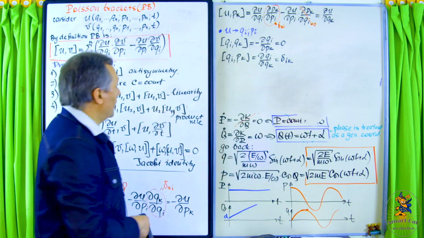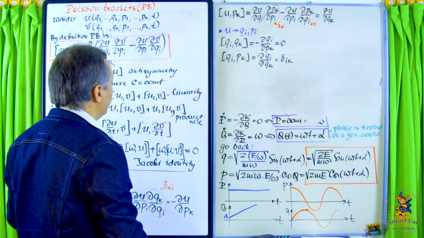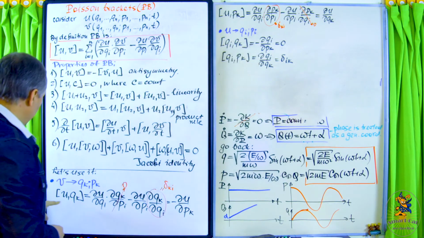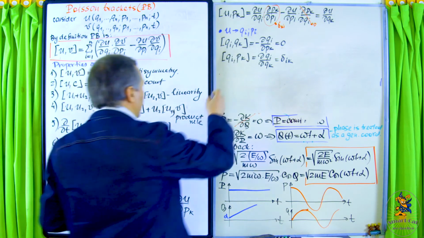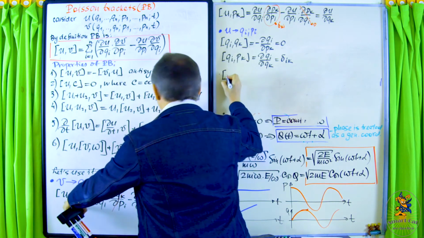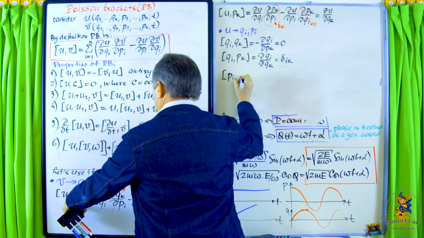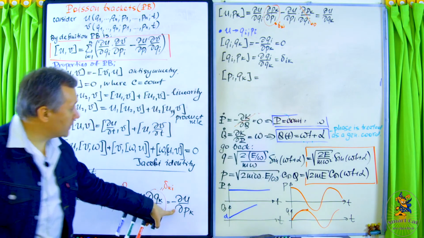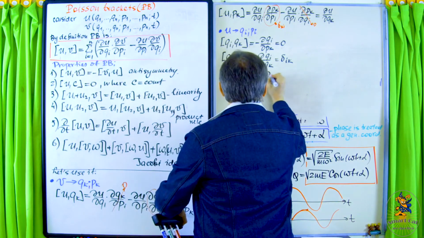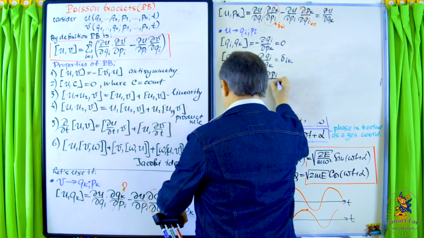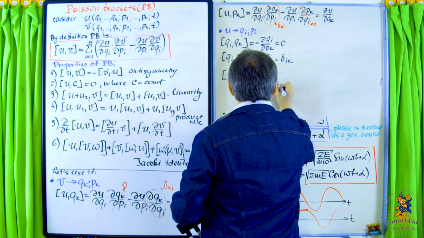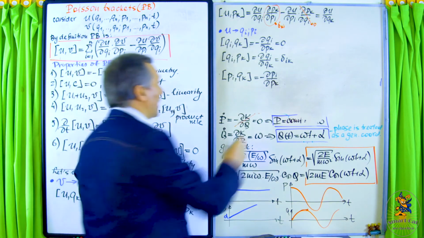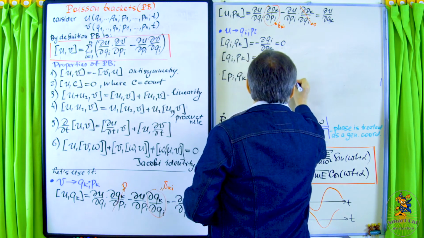Oh, yeah. And the last one, we have to use p, right? Okay, let's do all. All right, so it will be pi, qk, right? So you'll get minus the partial derivative of pi with respect to pk. You will get minus delta ik.